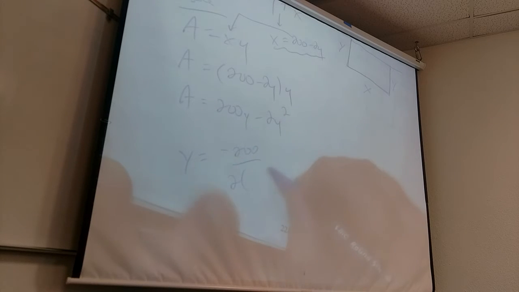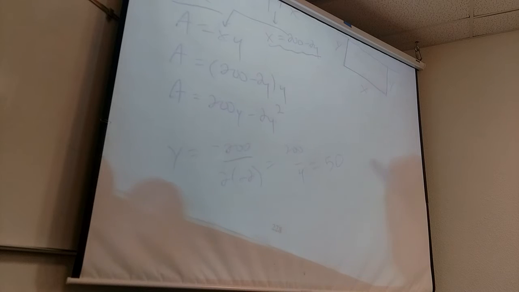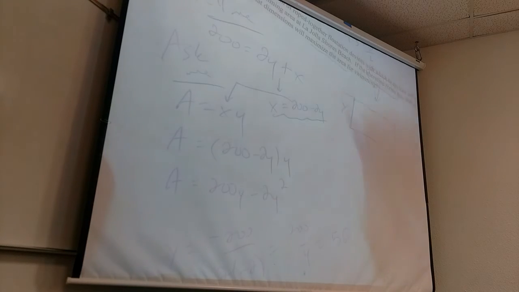Over twice what's a? Little a. Negative 2, right? So this would be 200 divided by 4, which is? 50. 50 what? Good.